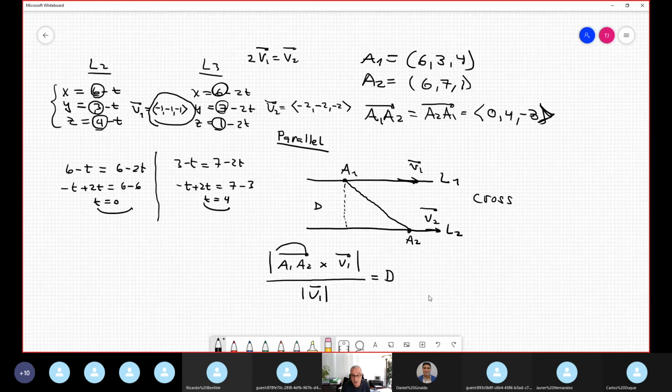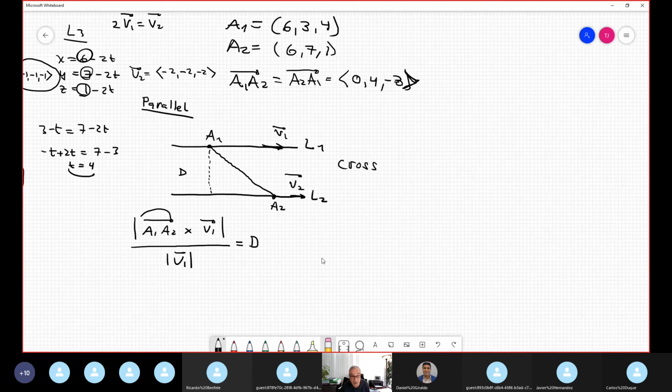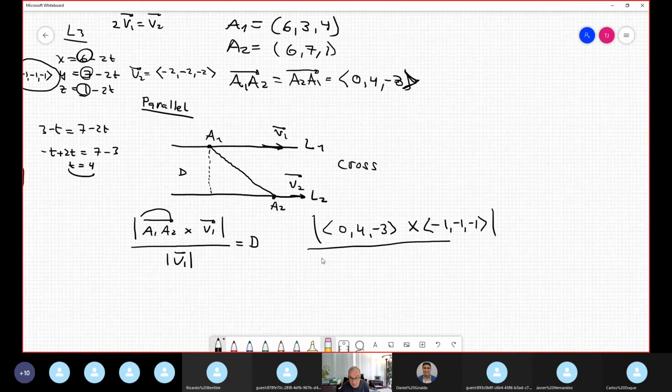So you put in your algebra calculator, whatever you want, or by hand, like an antique mathematician engineer, the cross product of 0, 4, negative 3, cross product negative 1, negative 1, negative 1. Of course, you find the magnitude of this vector divided by the magnitude of B1. Que by the way, magnitude B1 is super easy. Es 1 square plus 1 square plus 1 square, es radical 3, no? Es radical 3.